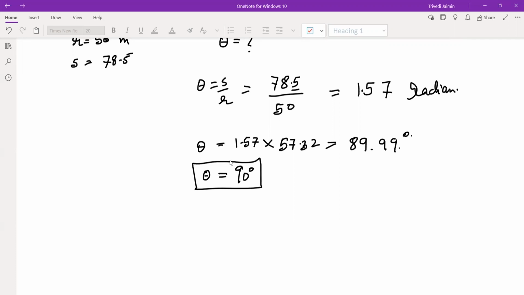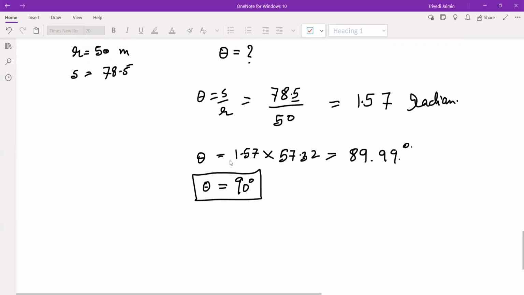Clear with this numerical? Conversion part? Yes, sir. Anish? Instead of 1.57, I just took 1.5. So what's the difference?